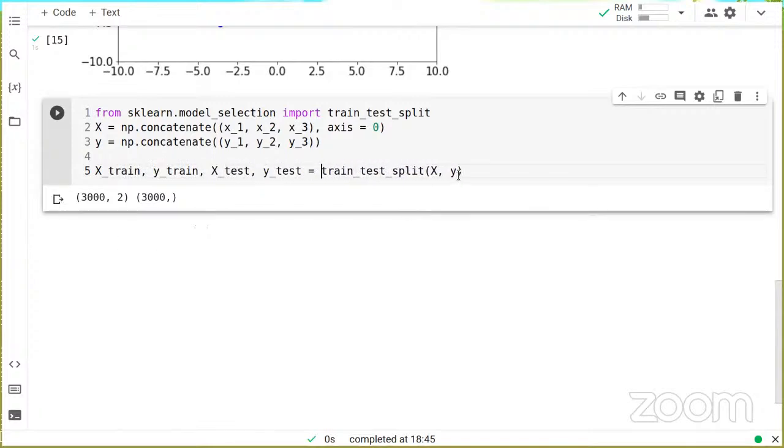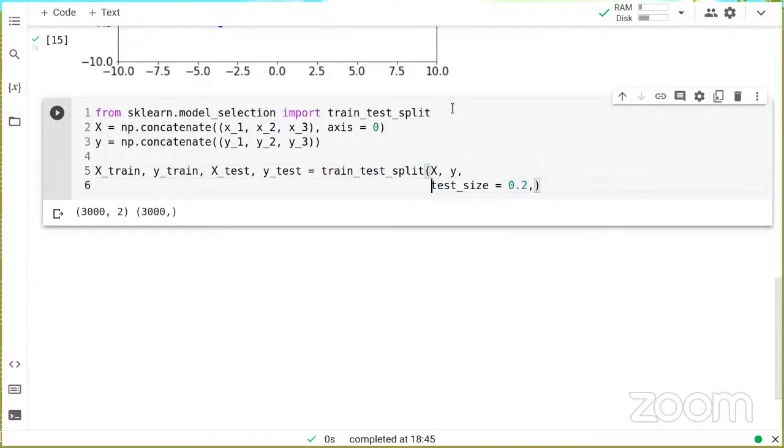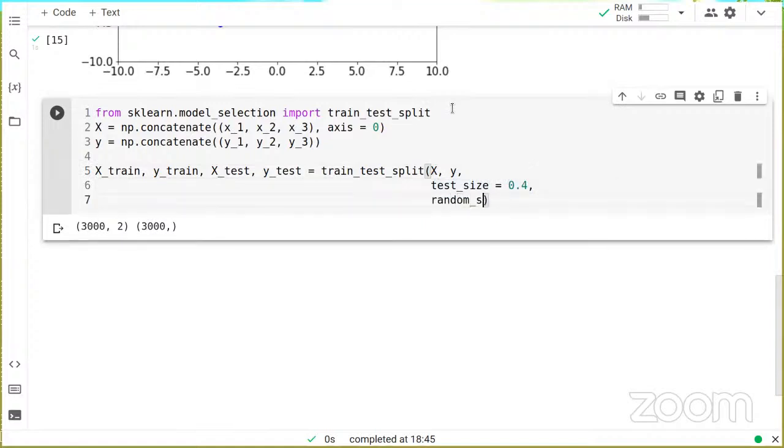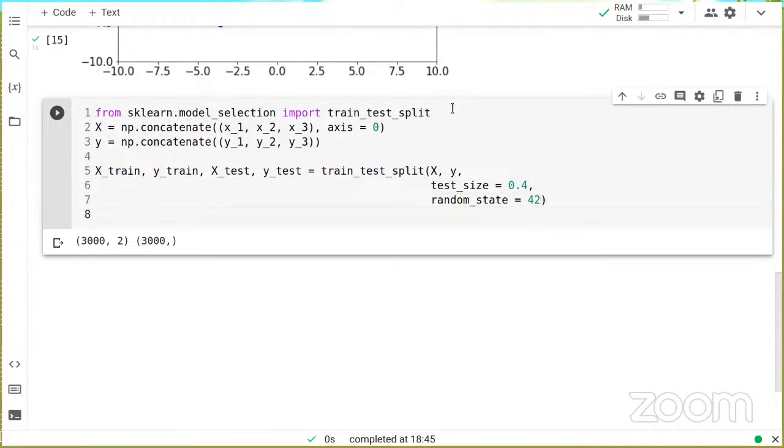Okay, so we just split this. I think the test size can be something like 0.2, and we also need to give a random state, 42, right? So we will verify if we have split it correctly.